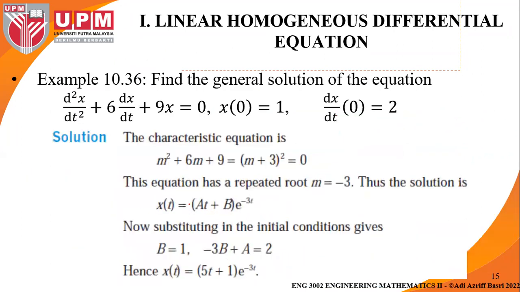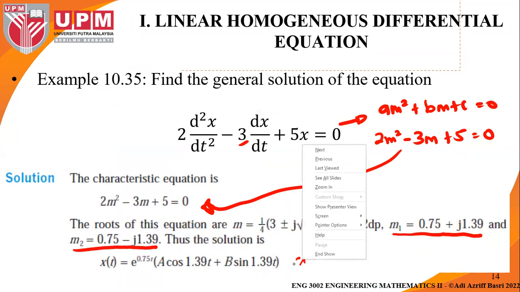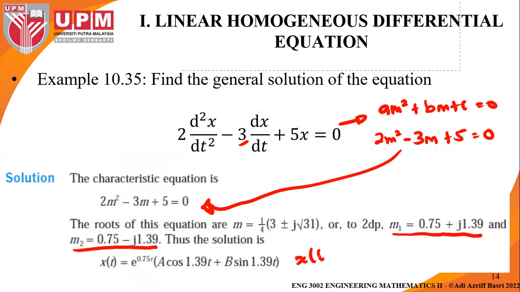So here x(t) equals exponent, what is psi? Psi is 0.7. Okay, what is your angle?